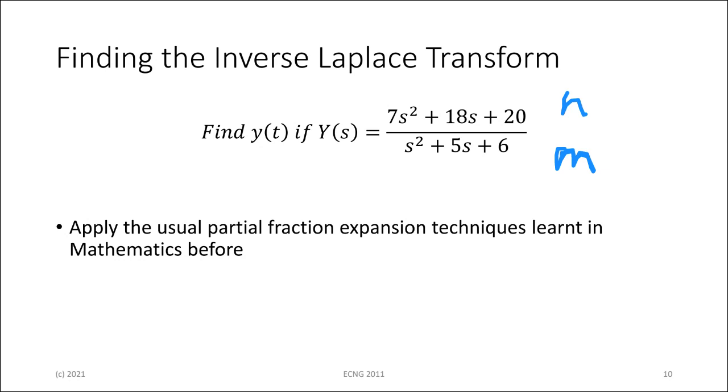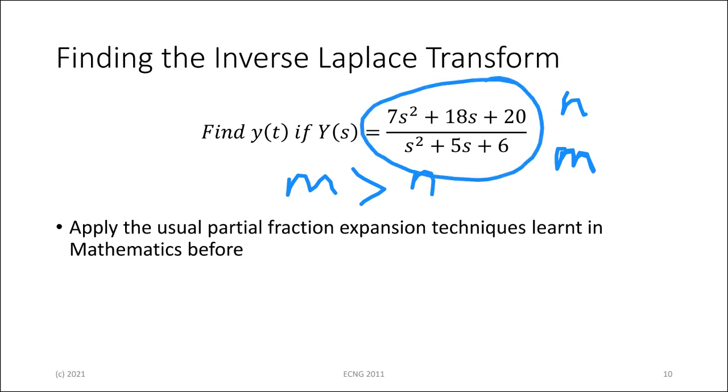For a proper transfer function, m is supposed to be greater than n. So if you ever encounter something like this, if you get a transfer function looking like this, and you'll see what happens when we find the answer, something is wrong with the model, something is wrong with the system, or something is wrong with the mathematics, the calculation that was done, the algebra to get here, all right?